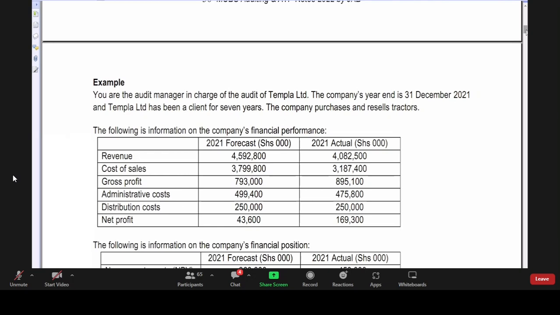For example, in the insurance industry, you'll be audited by KPMG, Ernst and Young, Deloitte and Touche, PwC, and I think Grant Thornton. So they kind of define. So you don't just get any audit firm that you want. You can do that for internal audit, but they also specified. Okay. So the following is information on the company's financial performance.